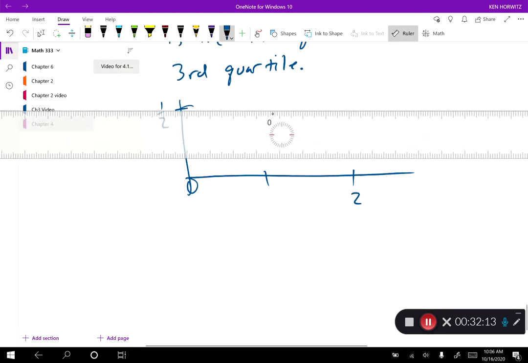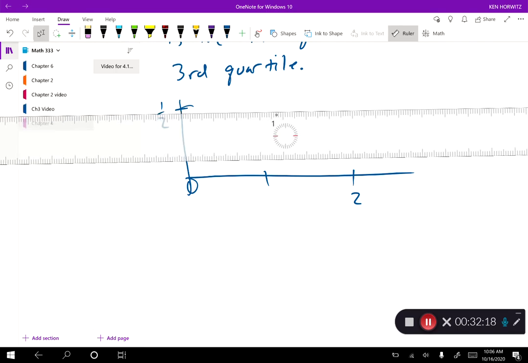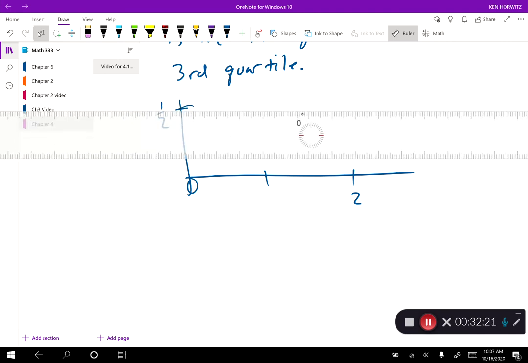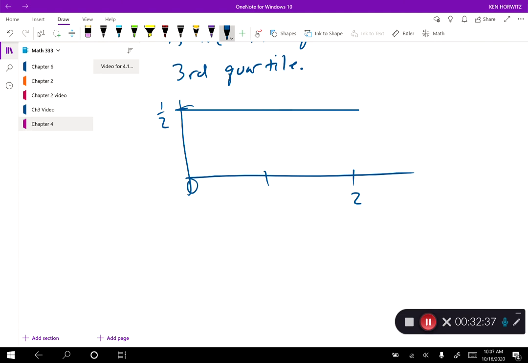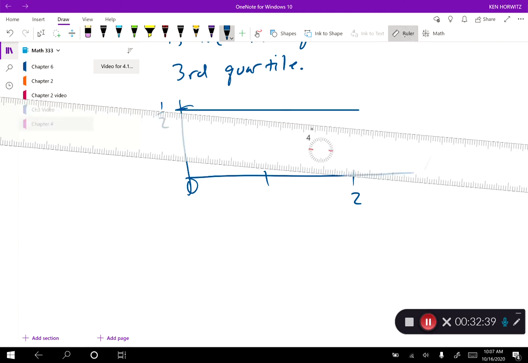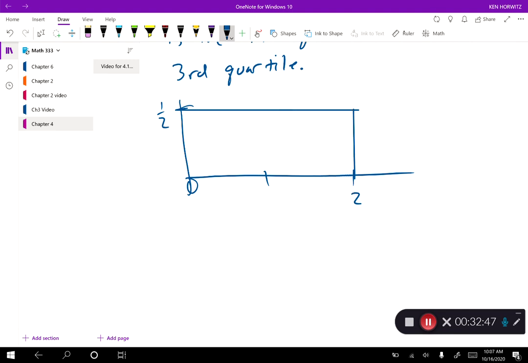Let's see if I can do it. There's a nice straight line. And I'm going to try to make one more. There we go. And there is our uniform function.